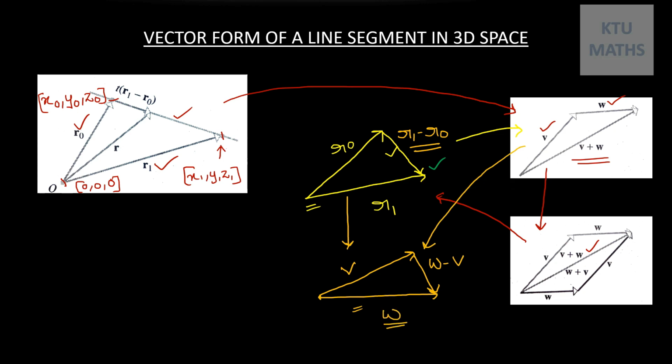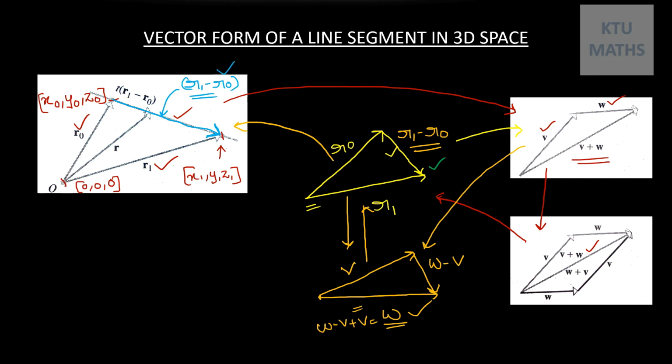That means w minus v plus v, we will get the w vector here, and that's how I concluded this. And let us take this to our problem. Now I will write the vector from the first terminal point to the second terminal point, and I can write this vector as vector r1 minus vector r0. And it is true by the summation of vectors.